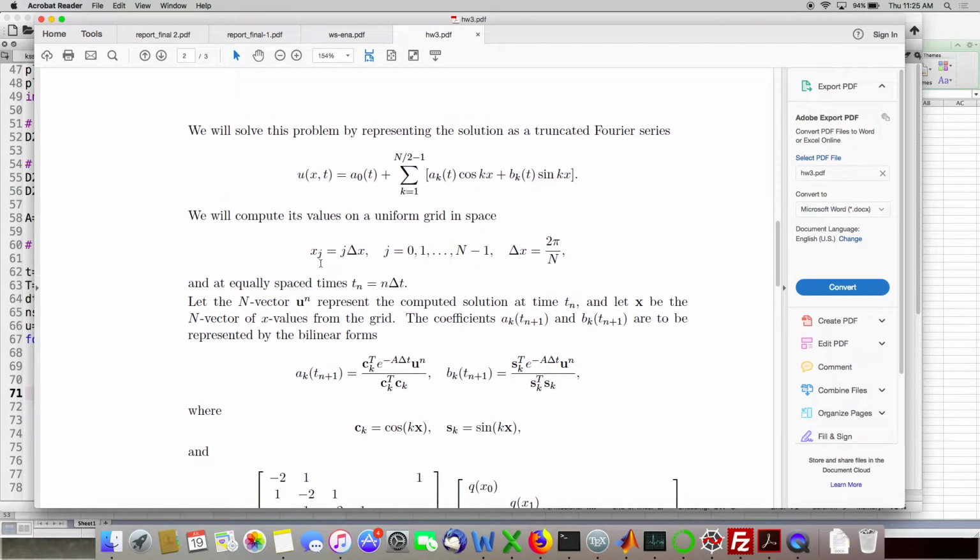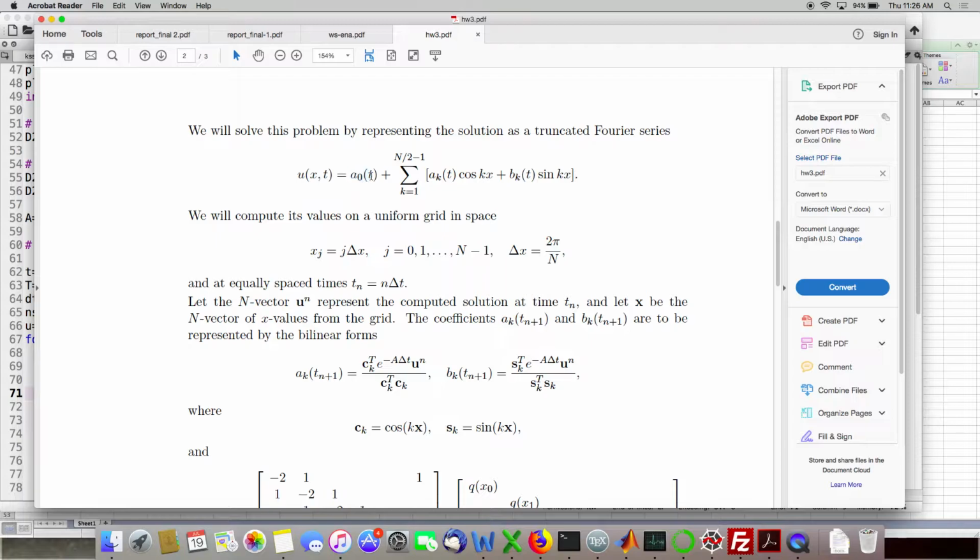Okay, now here's our key right here. Because we have a periodic boundary condition, your solution is going to be a 2 pi periodic function. A solution u of x,t can be represented this way as a Fourier series, like what you've seen in any introductory PDE class. So it's a linear combination of cosines and sines.